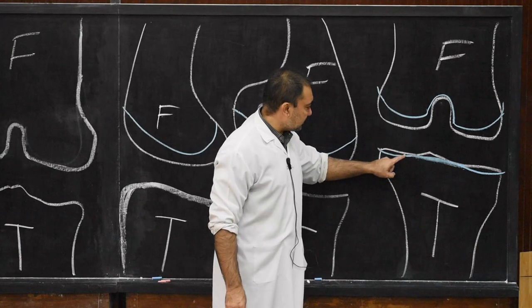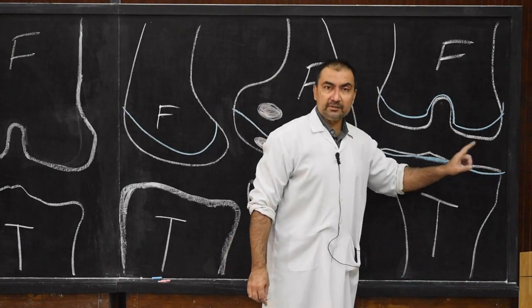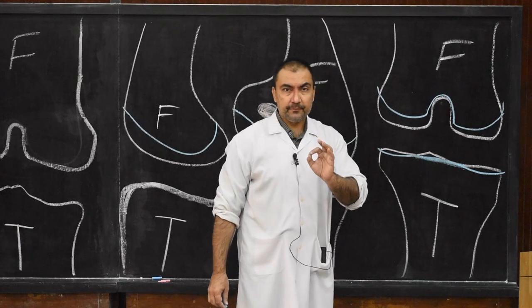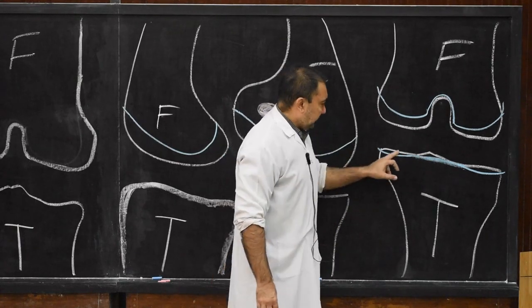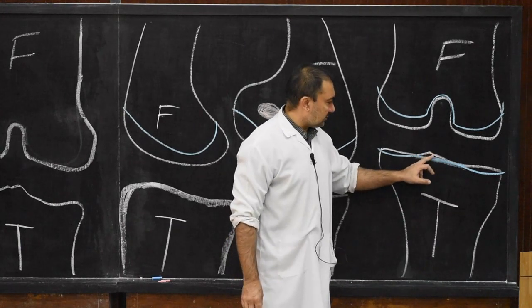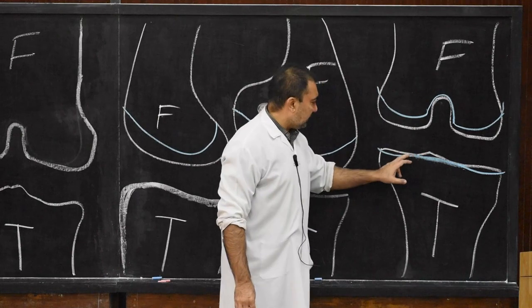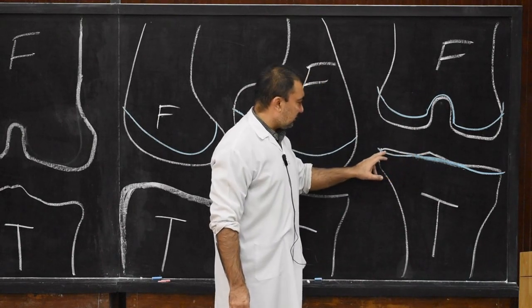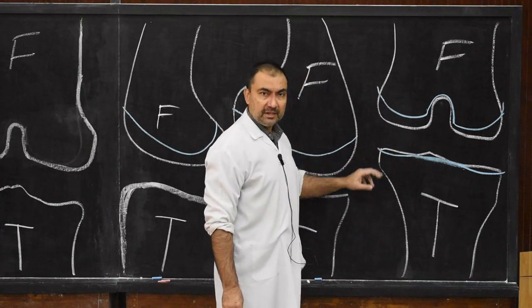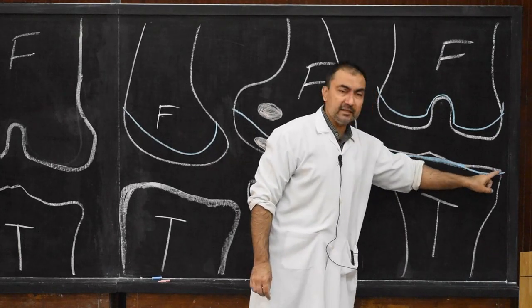By attaching to the articular margins of the medial and lateral condyles of the tibia. So the capsule in the lower part will be attached to the posterior intercondylar area of the tibia posteriorly. Medially, it is attached covering the medial condyle of the tibia, covering the medial articular margin. Laterally, it is attached on the lateral condyle of the tibia, covering the lateral articular margin.